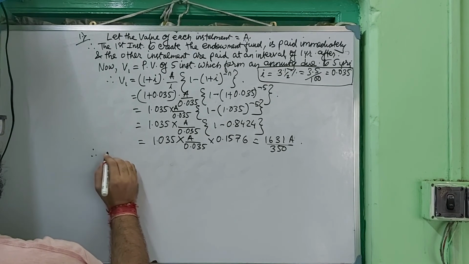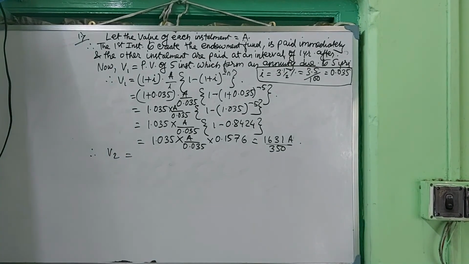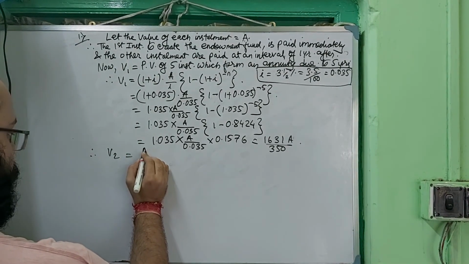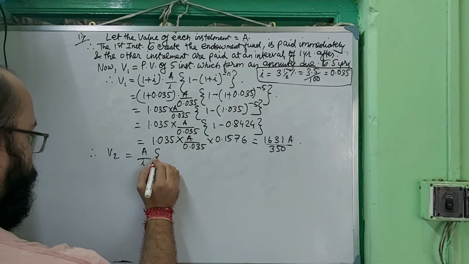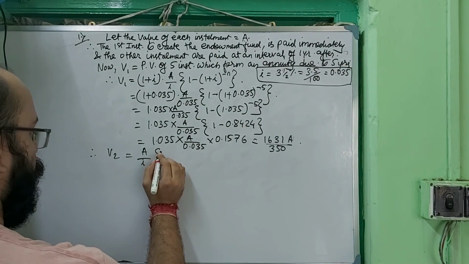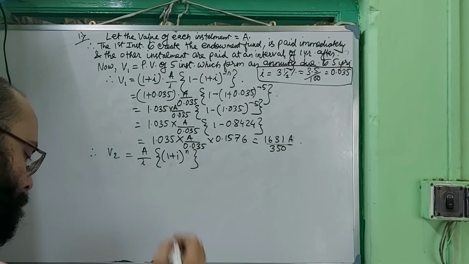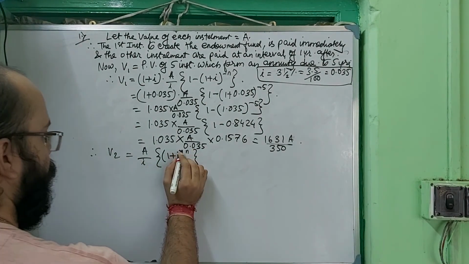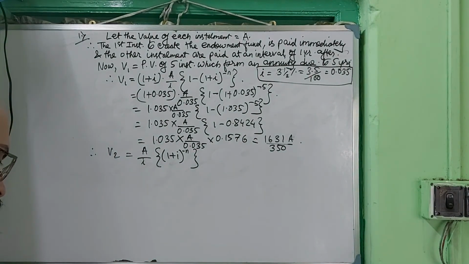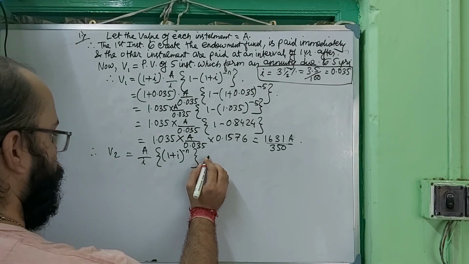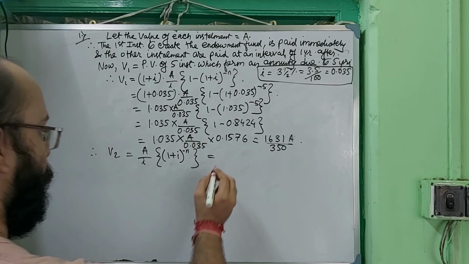Then obviously V2, how you can calculate? A by I into 1 plus I whole to the power minus n. It's given 1000, right?